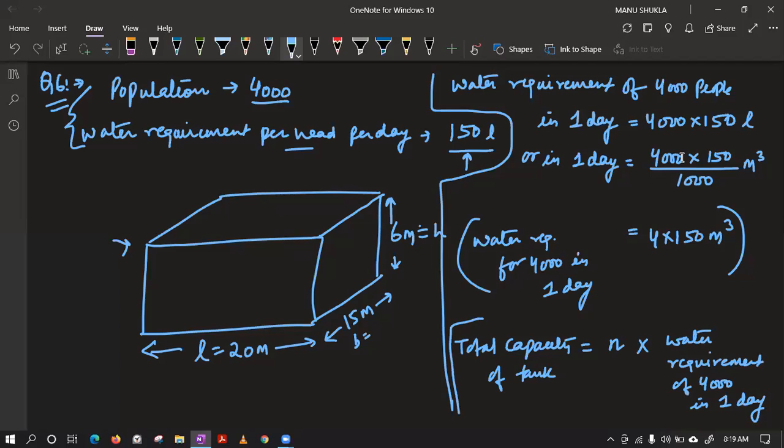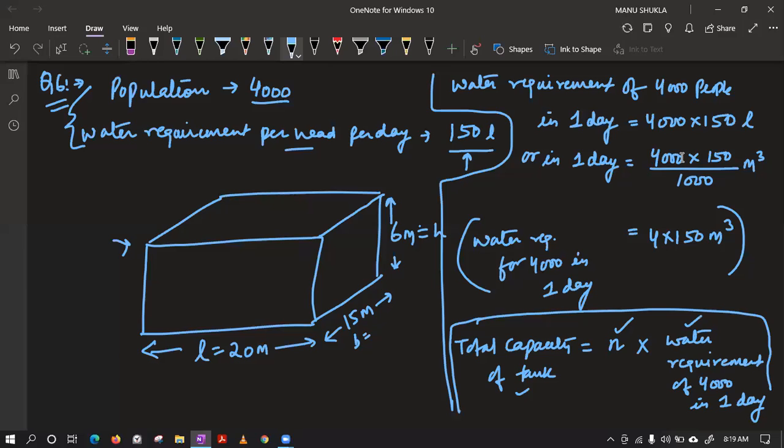Class, are you able to understand this general equation where N is number of days? We don't know how many days the water will last, so we have assumed it to be N, and we are saying that N into this thing should be equal to capacity of tank.